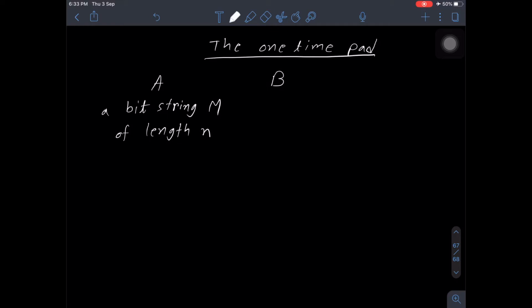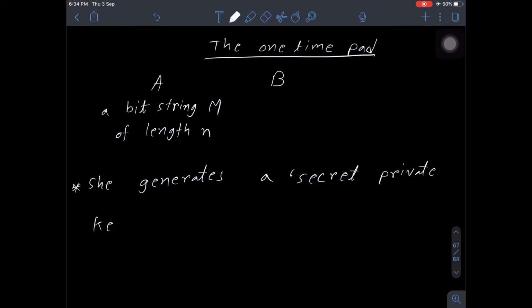What she does is that she generates a secret private key k, which is of length n as well.